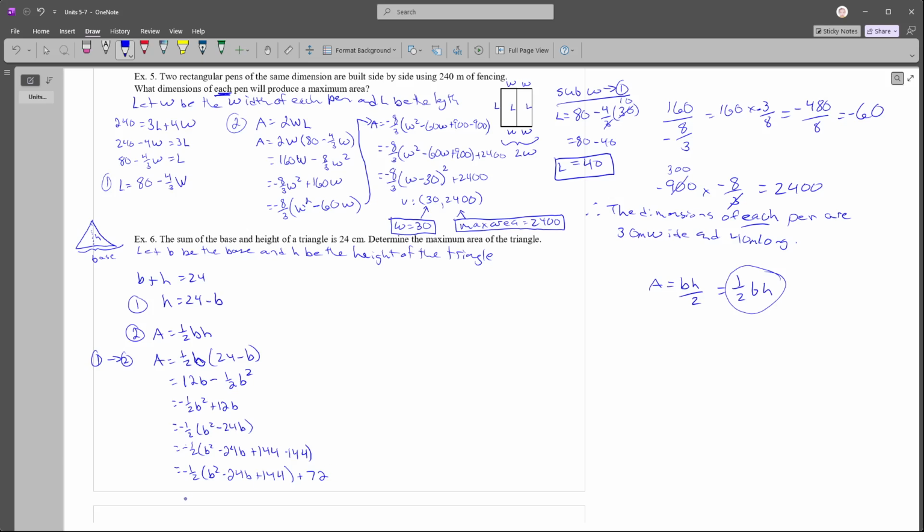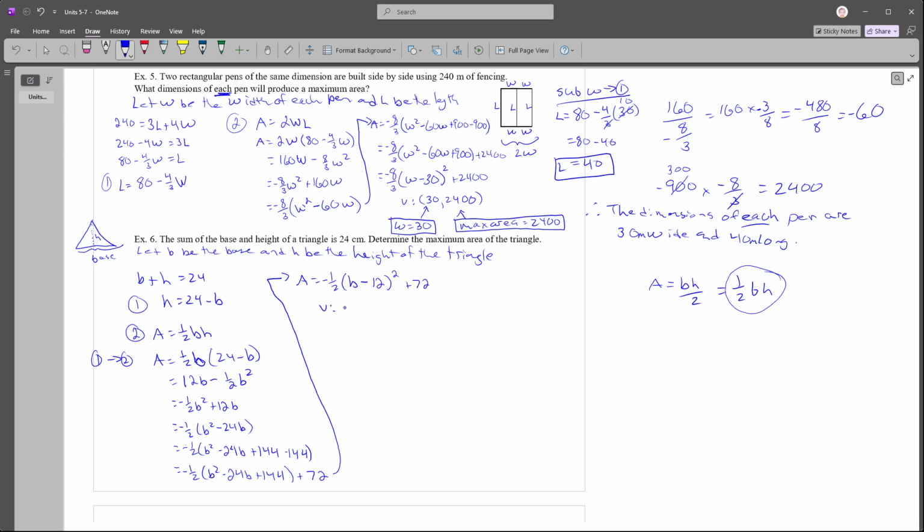All right. Can we finish it? No, let's bring it up here, just to give us some space. So we have area is equal to, we still have our negative 1/2. Now inside the brackets, we have a perfect square trinomial. So that's b minus 12, the square root of 144 is 12, squared. And now we're going to add on our 72. So now we have our vertex.